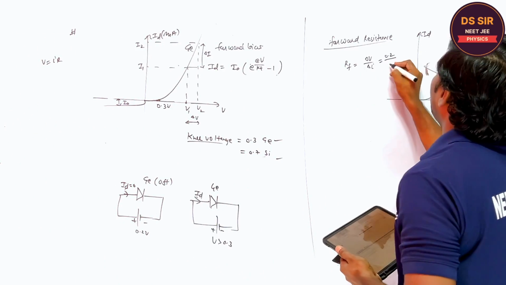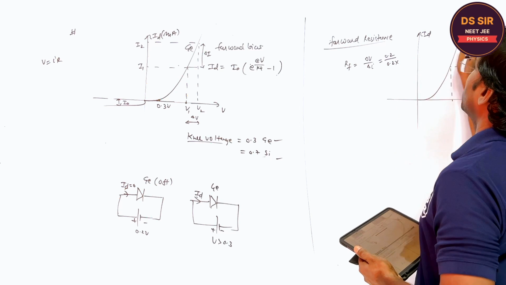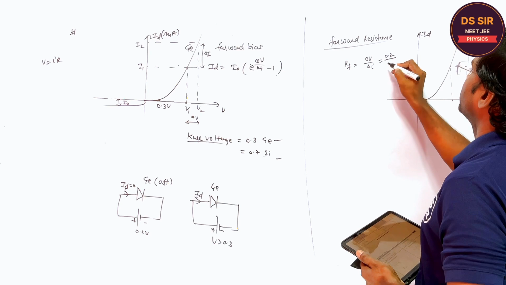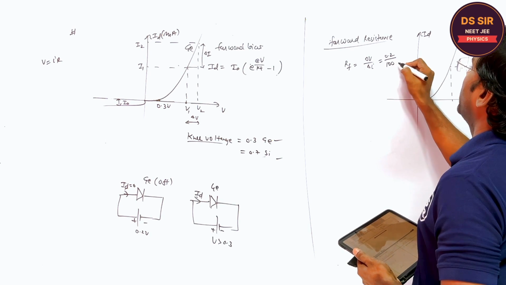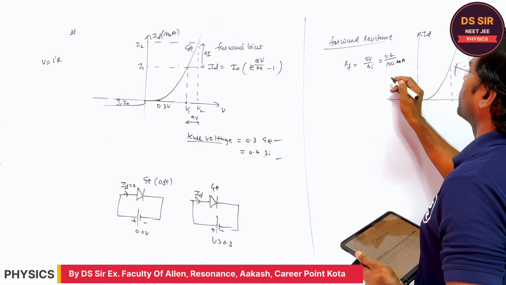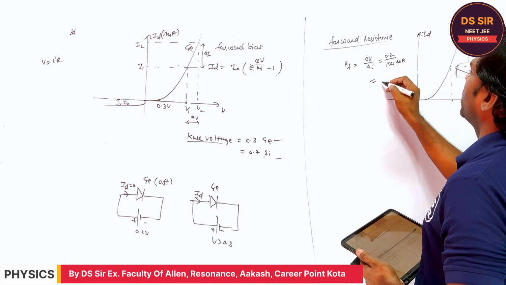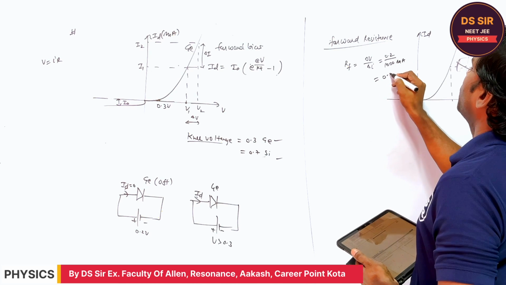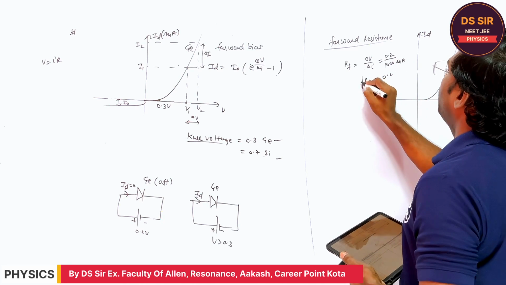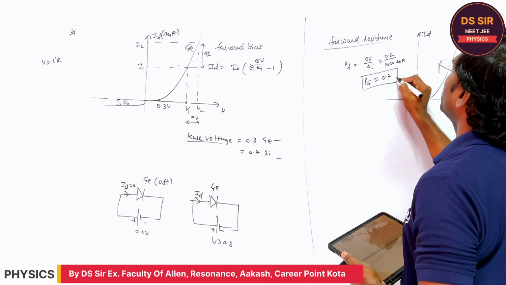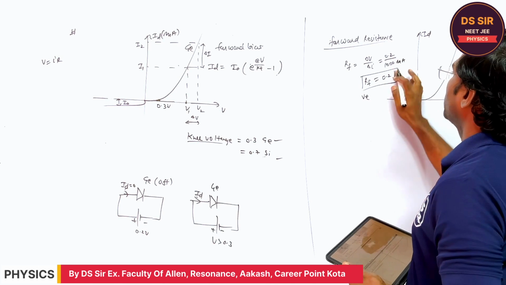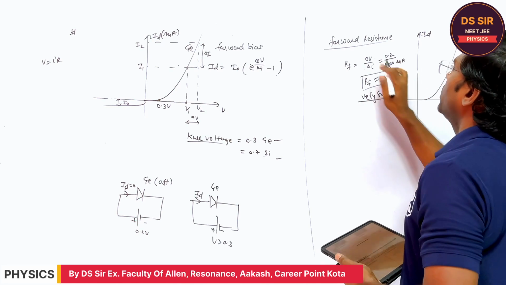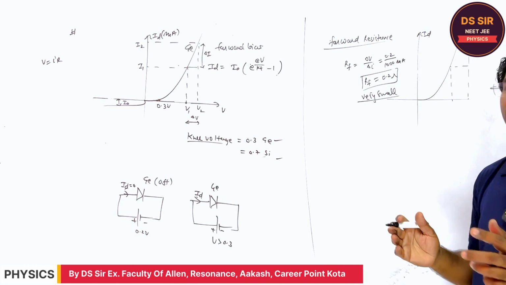So suppose 0.2 milliampere, 10 milliampere, or 100 milliampere current is there. So the forward bias resistance is very small, in the order of ohms. Are you getting or not?